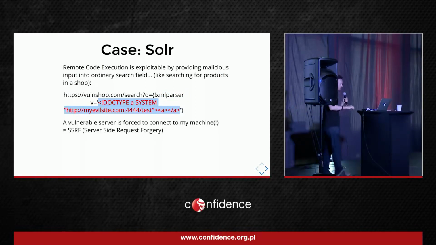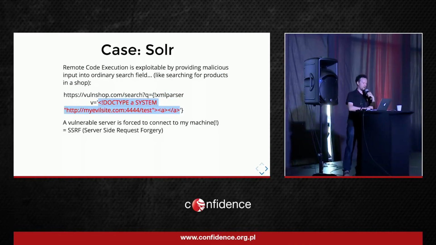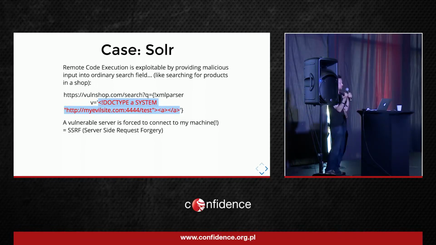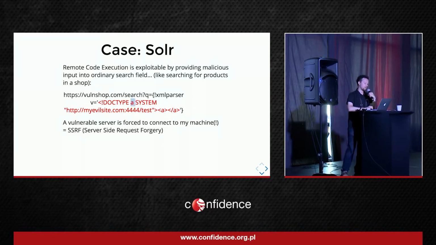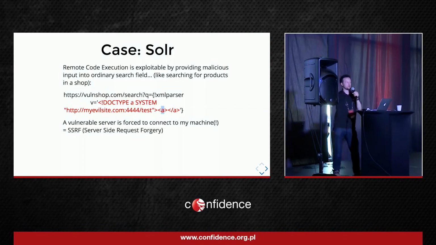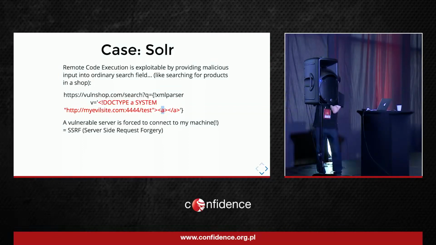And what are we doing here? Actually, you can't see any use of this, so there is no ampersand, name of this entity, and semicolon, but we are defining here an external document type for this element A, and we are using this element A. So actually the server is forced to make an HTTP request to this site.